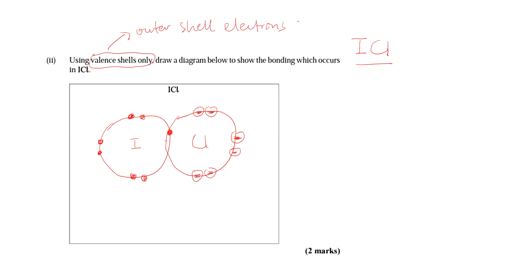I'm going to put the 7th one here. So therefore we have 2 electrons being shared in a covalent bond. So this is how you would draw your diagram for ICl. We are only concerned with the valence shell electrons or the outer shell electrons. Each of them have 7 electrons in the outer shell, therefore each of them will provide one electron towards the covalent bond.